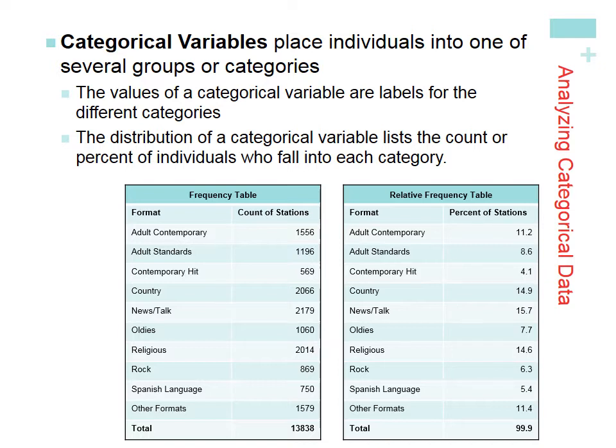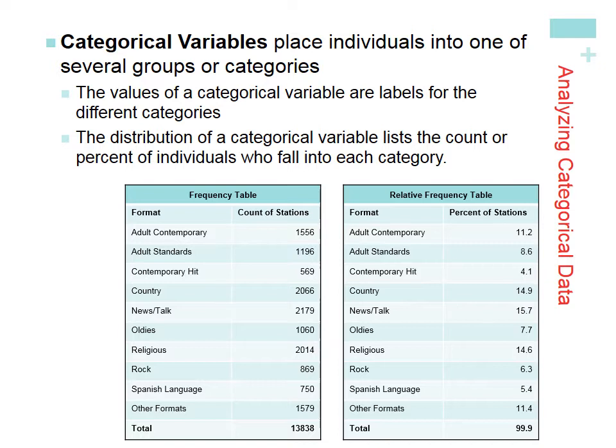Take a look at the first one. This is a frequency table. Here are the different types of radio stations, different kinds of broadcasting. The first one gives us a count, the number of stations that have adult contemporary music, adult standard music, contemporary hit, country, news. We said categorical variables are always going to be either counts or percent, so this tells us the counts.